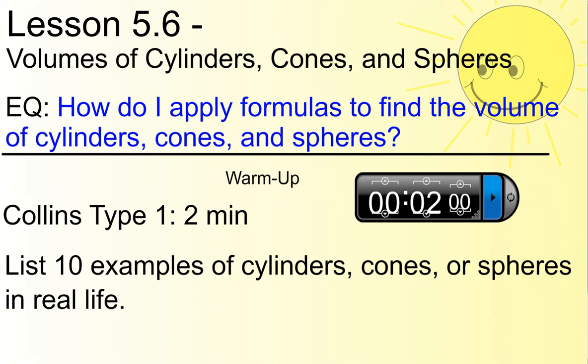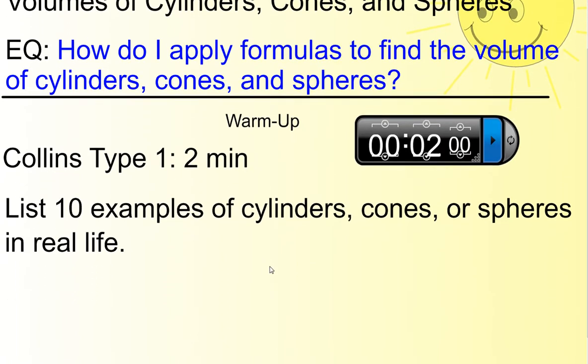Okay, so you could probably come up with 10 examples maybe of each of these. Maybe not the cone. But cylinders. You've got like a tennis ball. You can do like a basketball. You can do the Earth.